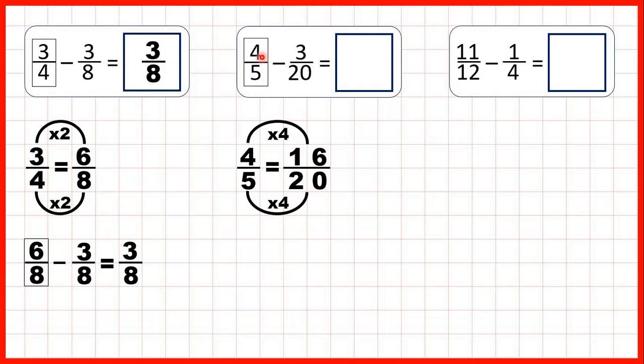So, instead of 4/5 minus 3/20, we can rewrite our question as 16/20 minus 3/20.